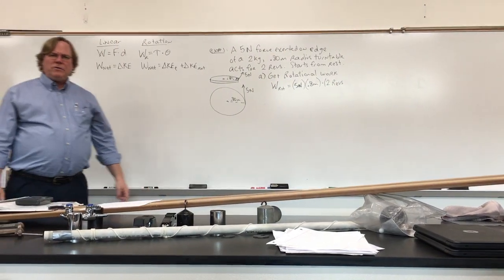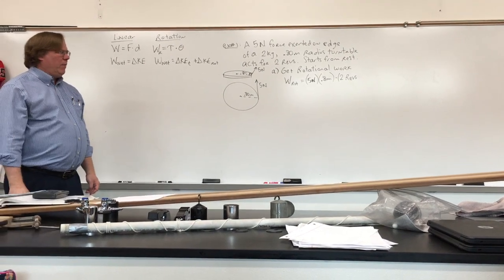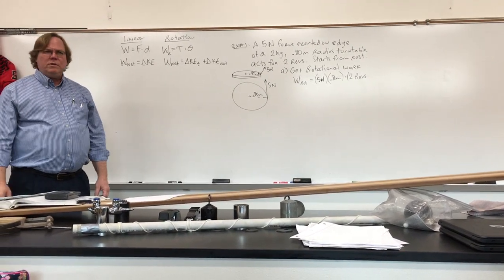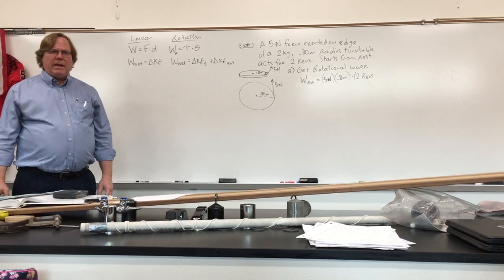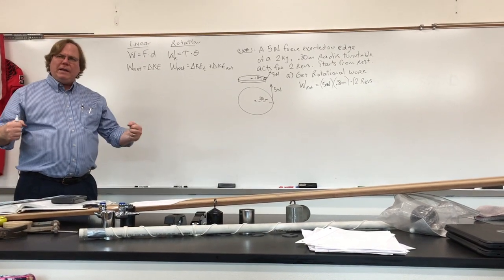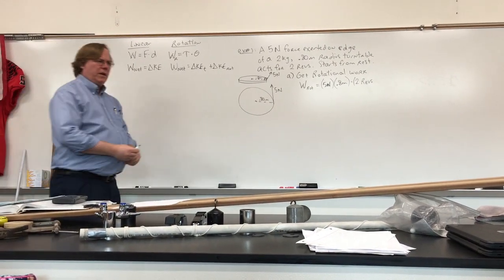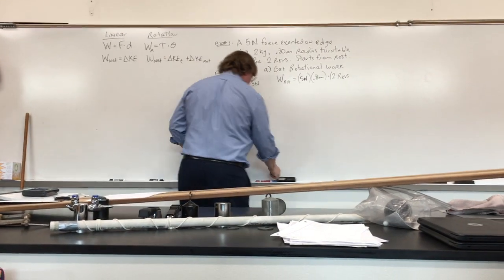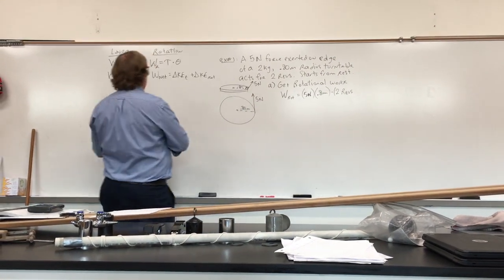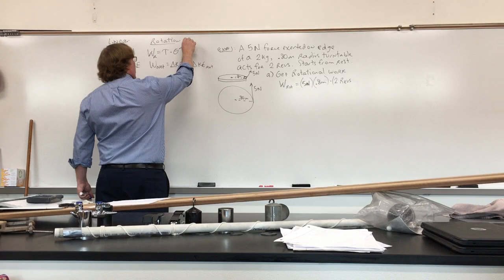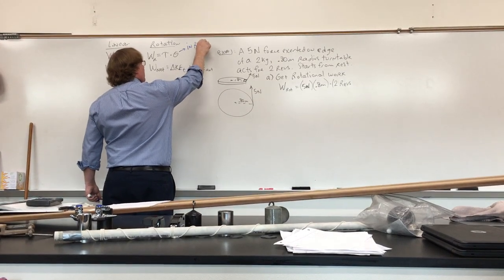Except there's one change I'm going to have to make. Tell me, whenever I'm dealing with joules or newtons, what units for angles am I going to have to use? Radians. Yeah, you have to be in radians if you're using newtons or joules. So I want to remind you that this theta is in radians.